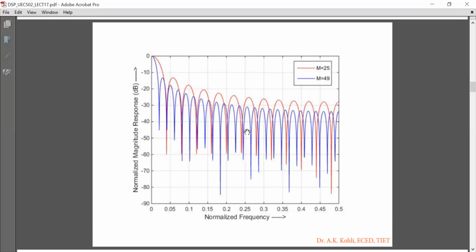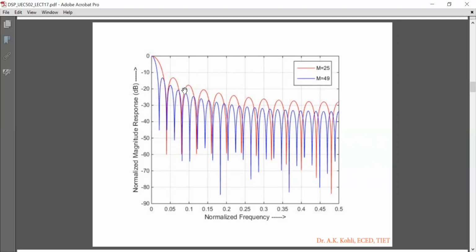So look at this. As M increases, the width of the main lobe decreases. The width of the side lobes is also decreasing with the increase in the value of M. You look at this, for M equal to 25, the width of the main lobe is very high.